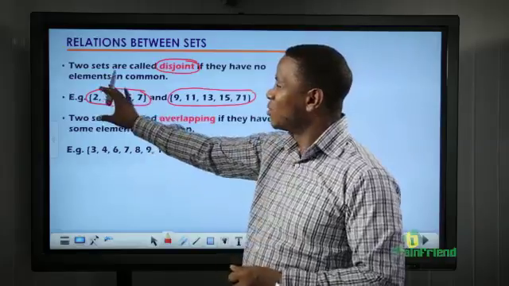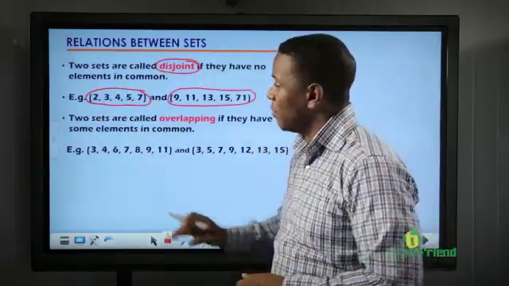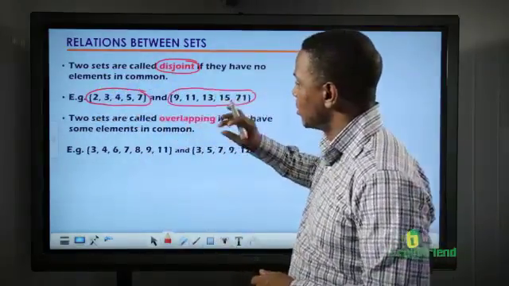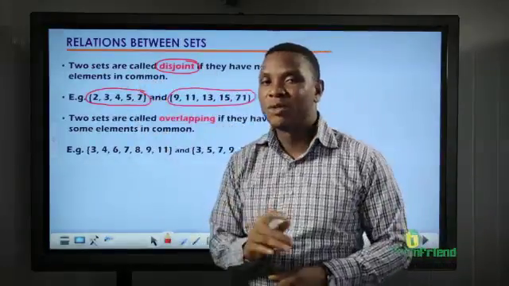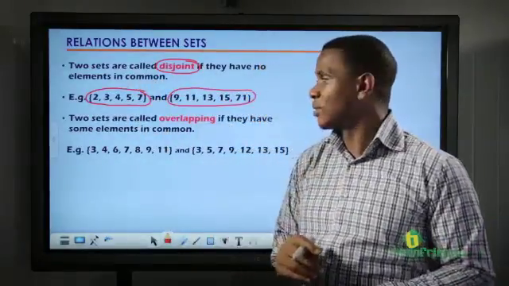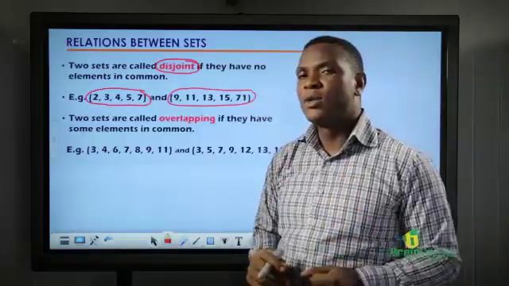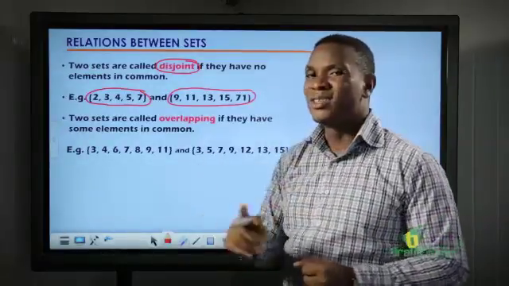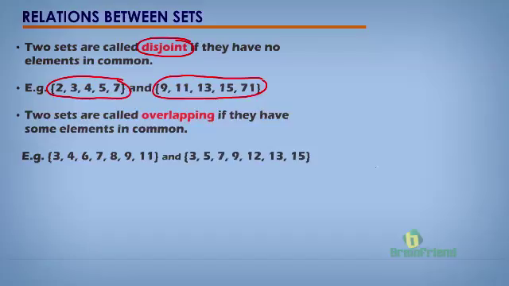We notice that there are no similarities at all between both sets. Such sets are said to be what? Disjoint sets.